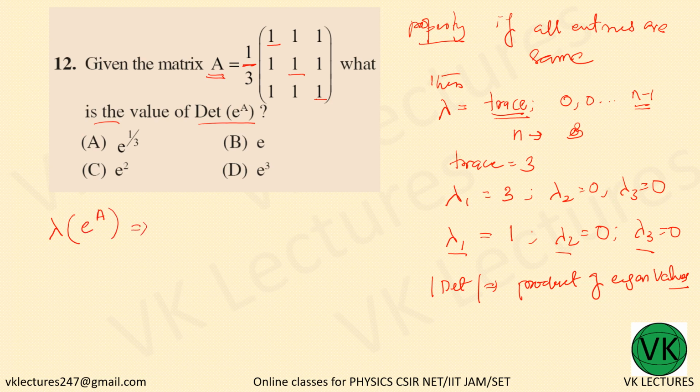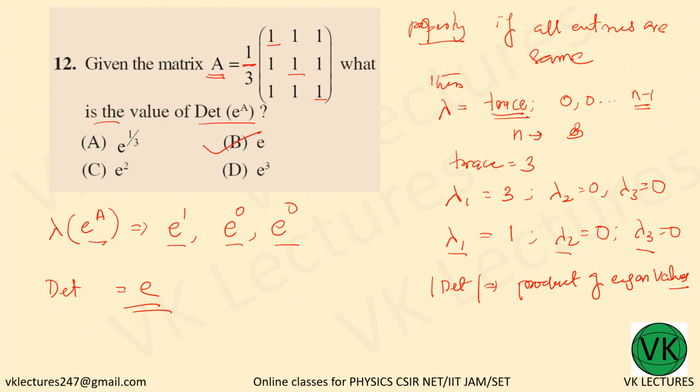That is nothing but e to the power 1, e to the power 0, and e to the power 0. These are the eigenvalues of e to the power A. So what is the determinant? Determinant is product. E to the power 0 is 1, e to the power 0 is 1, e to the power 1 is e. So determinant equal to e. So your option B.